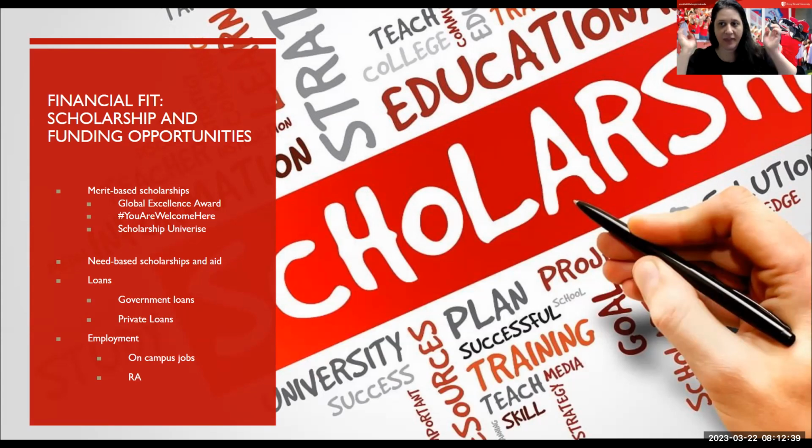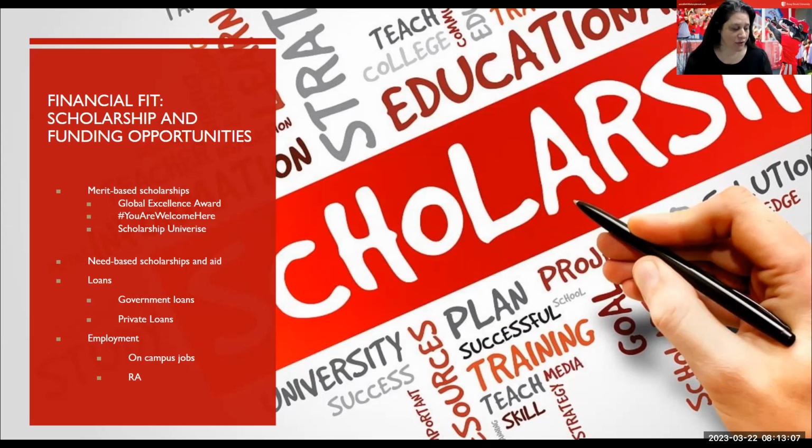So there are very few need-based aid opportunities. But there are sometimes some loan opportunities which can be based off of need. We really encourage you to check to see if in your own country there are government loans. And there are sometimes some private loan opportunities if you have a cosigner here in the US, which we'll mention.